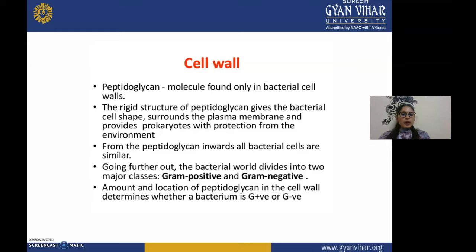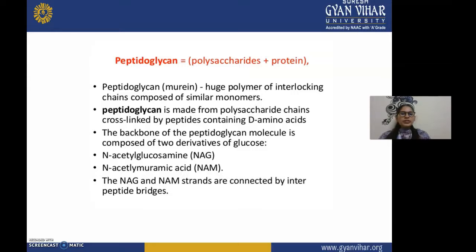And going further out, the bacterial world divides into two major classes that involve gram-positive and gram-negative bacteria. And the amount and location of peptidoglycan in the cell wall determines whether a bacterium is gram-positive or gram-negative. Now, peptidoglycan is a polysaccharide plus protein. So, peptidoglycan is a polymer of interlocking chains that are composed of similar monomers.